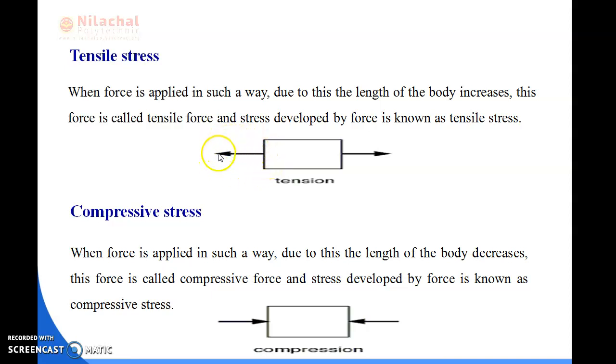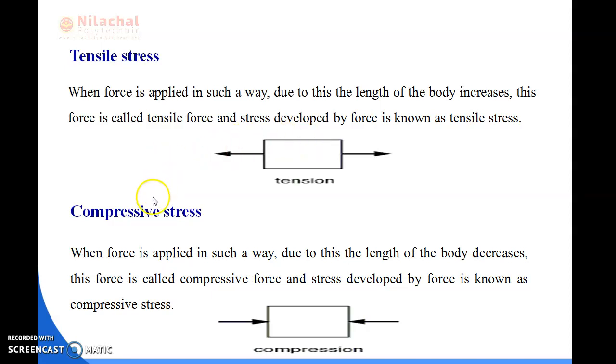By definition, when force is applied in such a way that the length of the body increases, this force is called tensile force, and the stress developed is known as tensile stress. The unit of tensile stress is also Newton per mm square or Pascal.